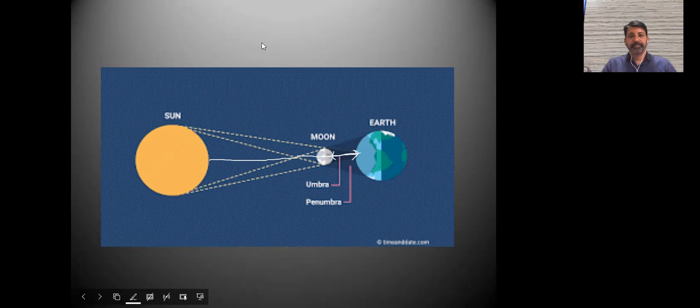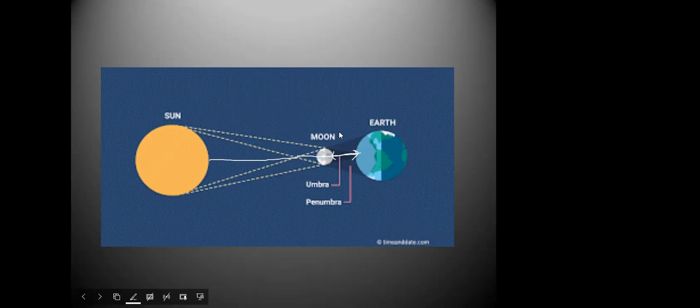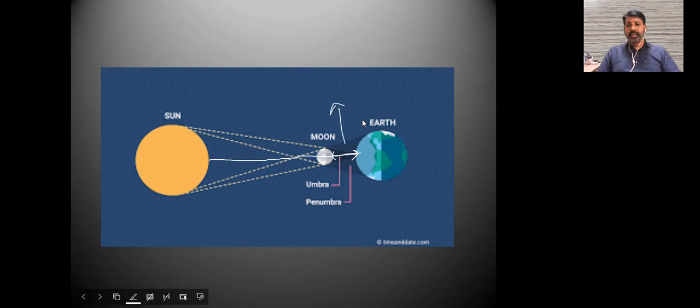For the moon, it is 3,84,000 kilometers. The distance between the moon and the earth is 3,84,000. Exactly correct. It's in kilometers. Don't go for a million or something. It is just 3,84,000 kilometers, the distance between the earth and the moon.